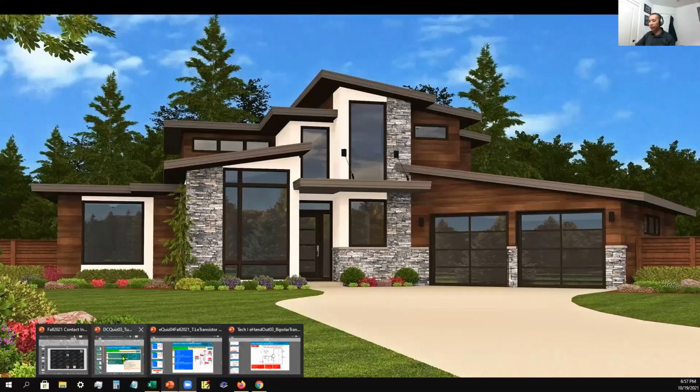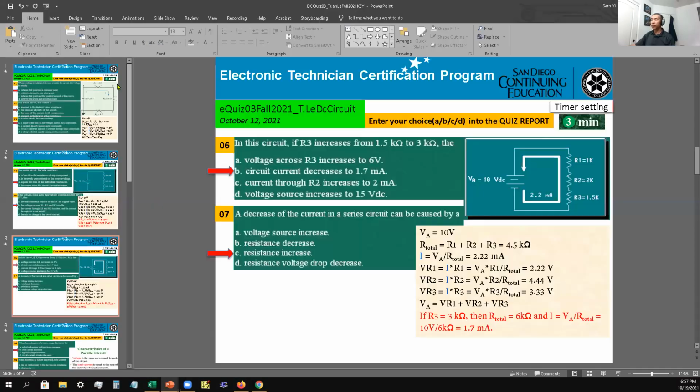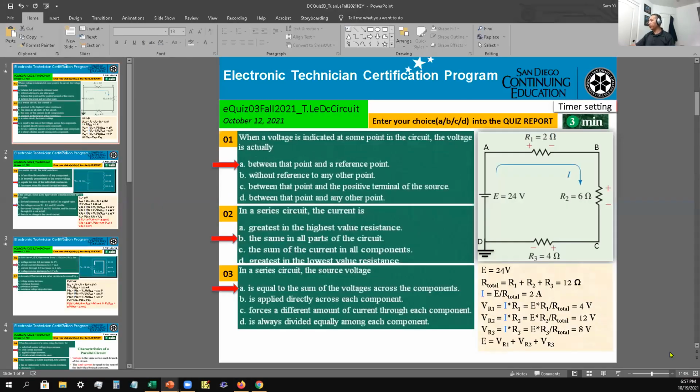Okay, so this is the answer for quiz 3. Go through it, and if you have any question or if you want me to go through it, let me know.